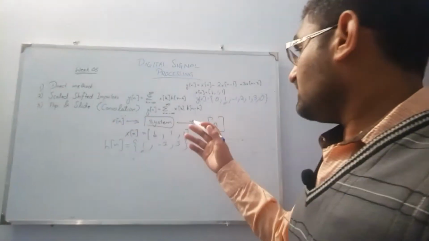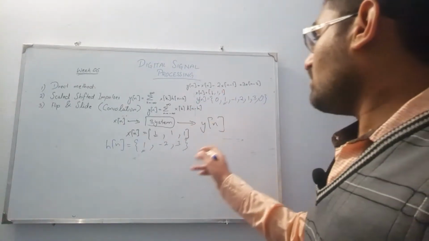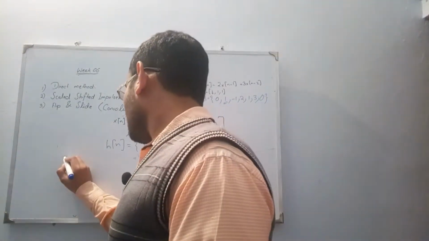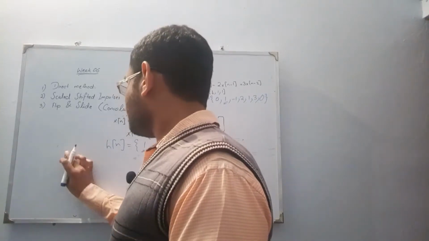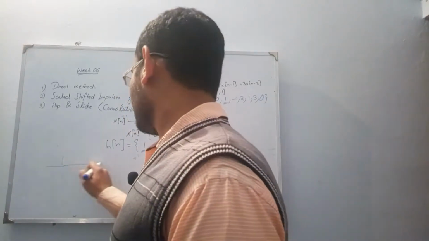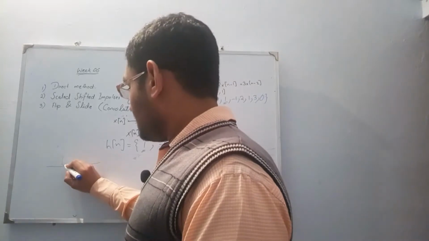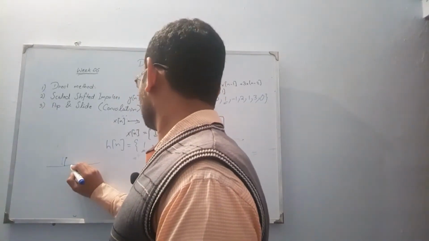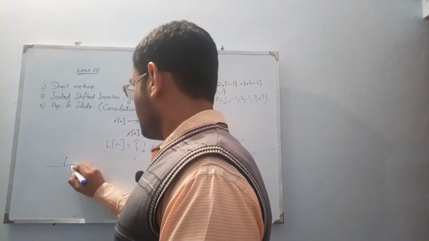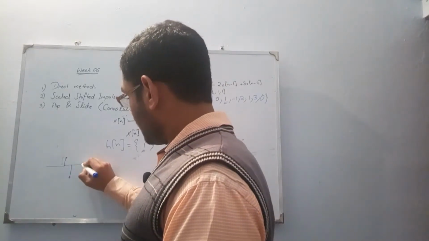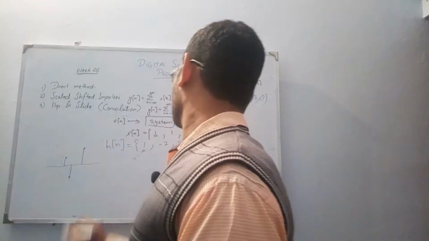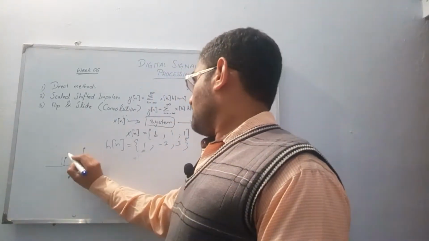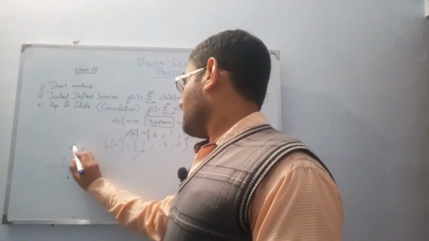So what input and output will be, let me draw it. It is 1, minus 2 and 3, h of n.